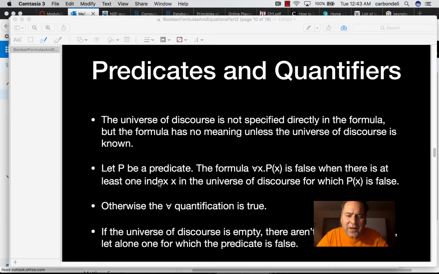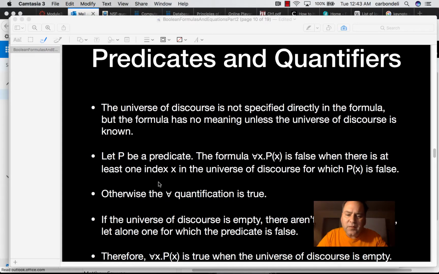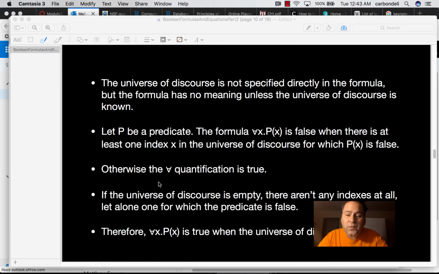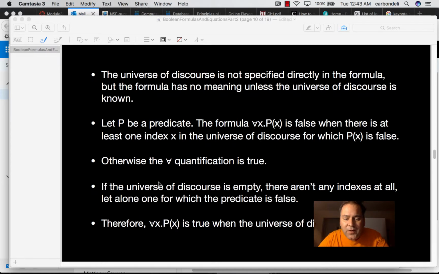Let P be a predicate. The formula for all x, P of x is false when there is at least one index x in the universe of discourse for which P of x is false. Otherwise, the universal quantification is true. If the universe of discourse is empty, there aren't any indexes at all, let alone one for which the predicate is false.